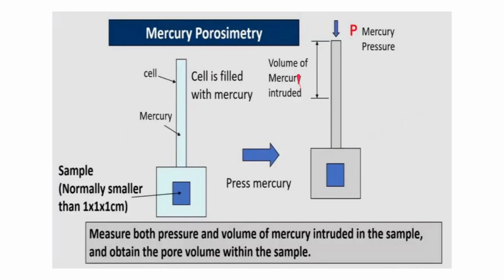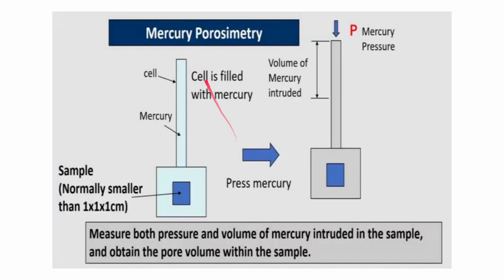And if we calculate the volume of mercury intruded, so using how much volume has passed through, we will be able to find out the volume of the pores. So using both criteria, we can find the size as well as the volume. And normally the sample size is generally less than 1 by 1 by 1 centimeter. So we have to use some specimen parts of the concrete to find out the porosity.